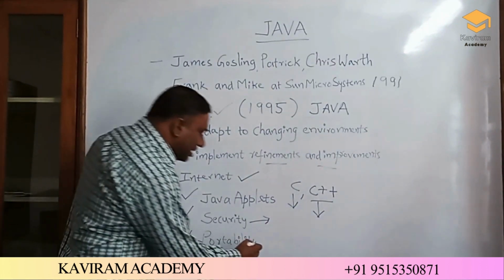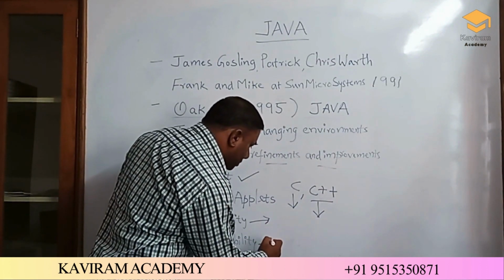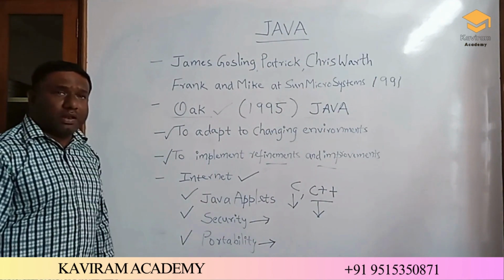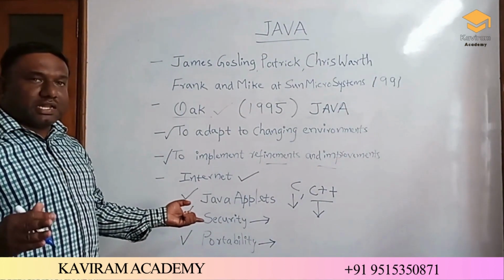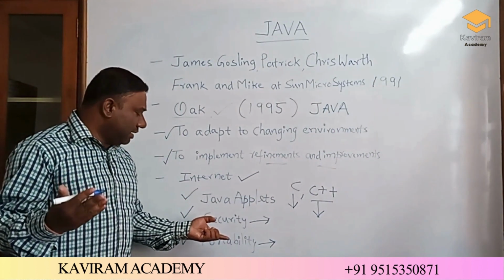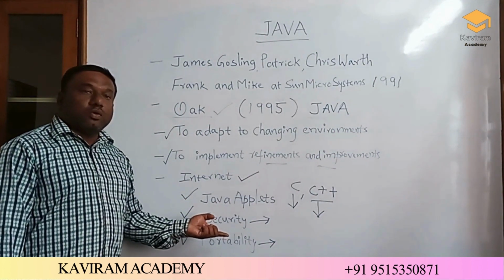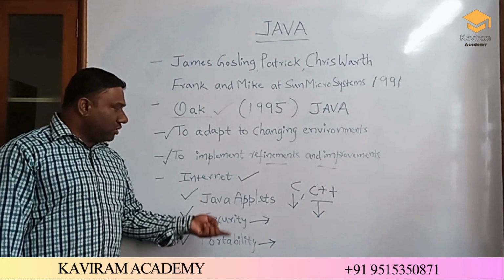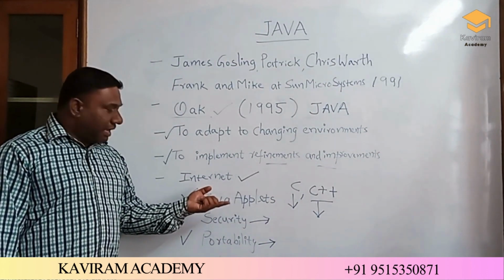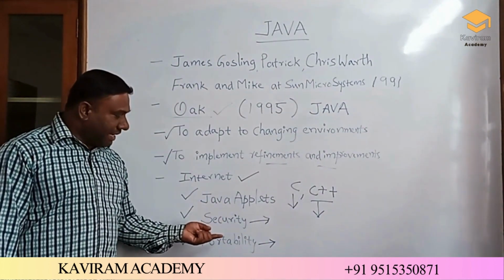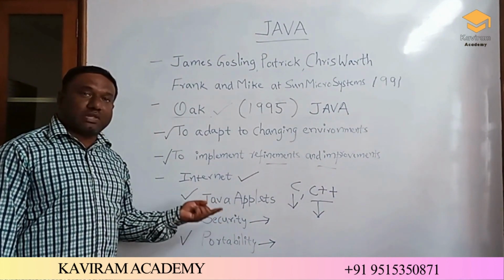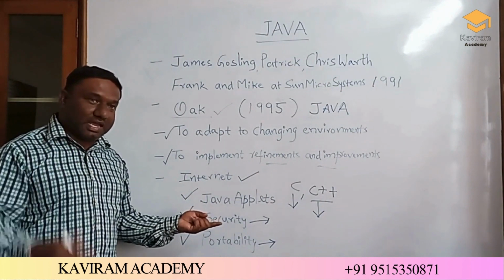The next one is about portability. Portable means carrying the source code from one system to another easily, that is, machine independent. All your Java code can be easily carried and transmitted over the internet from one system to another, or you can download it easily.